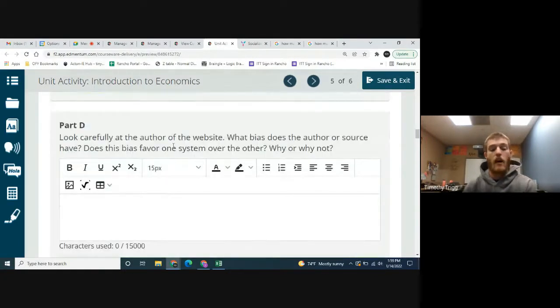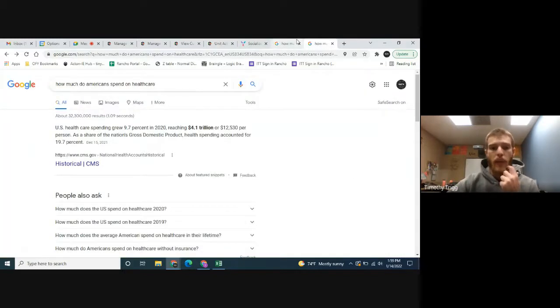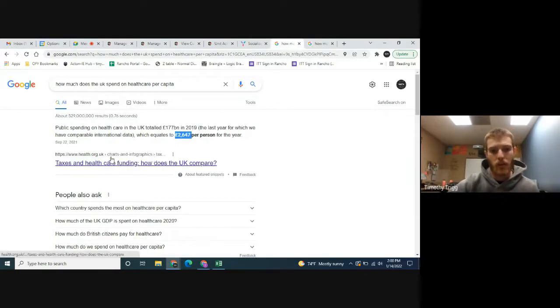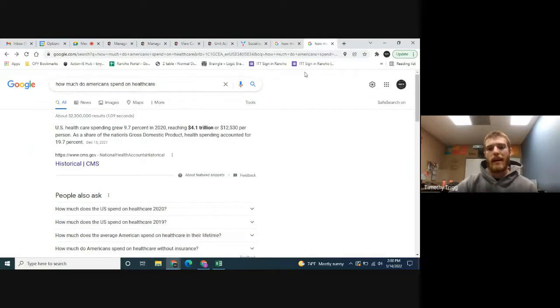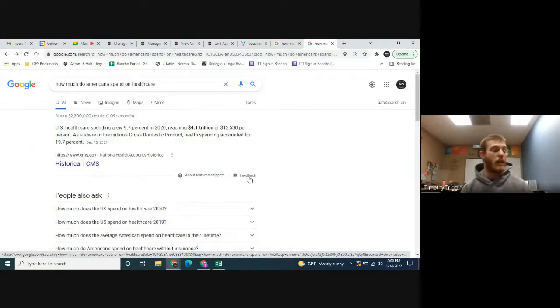Look carefully at the author of the websites. What bias does the author or source have? Does this bias favor one system or the other? Why or why not? So one thing I want to point out is that these are both gov, right? This one's .gov and this one's .org.uk. So it's unlikely to have strong biases because a lot of these government-run websites, they need to be very accurate.